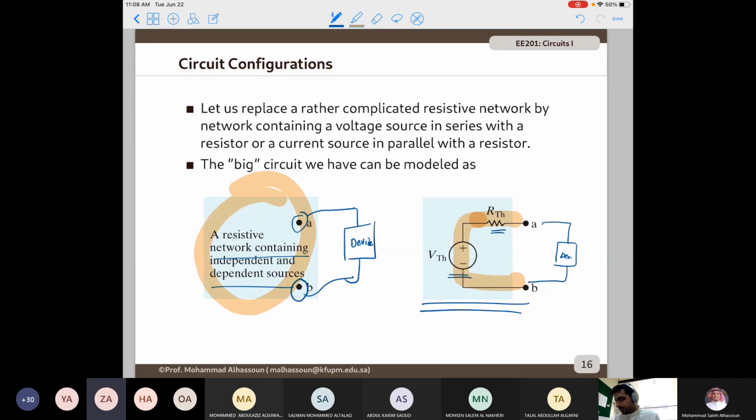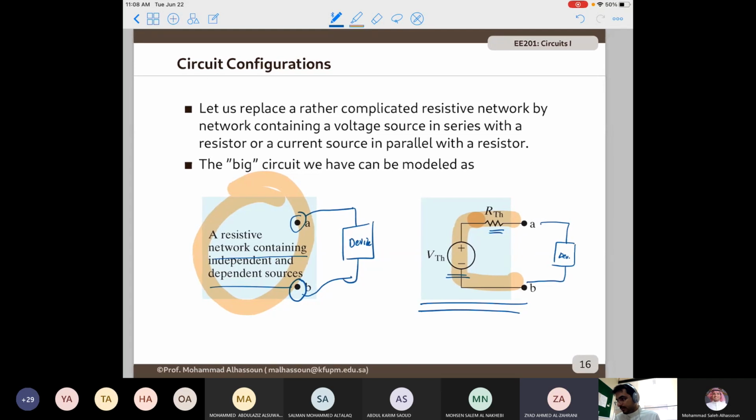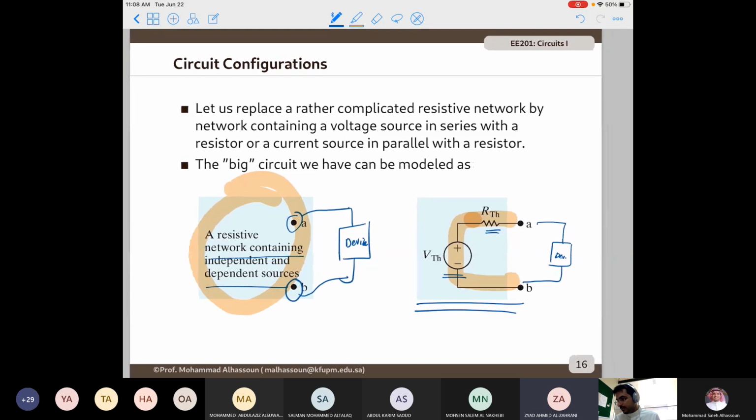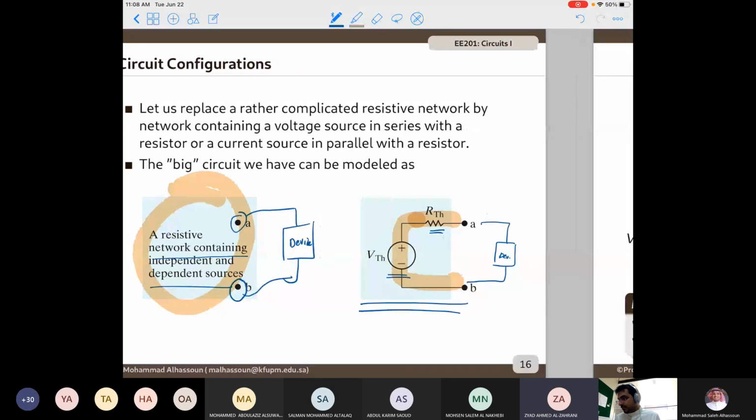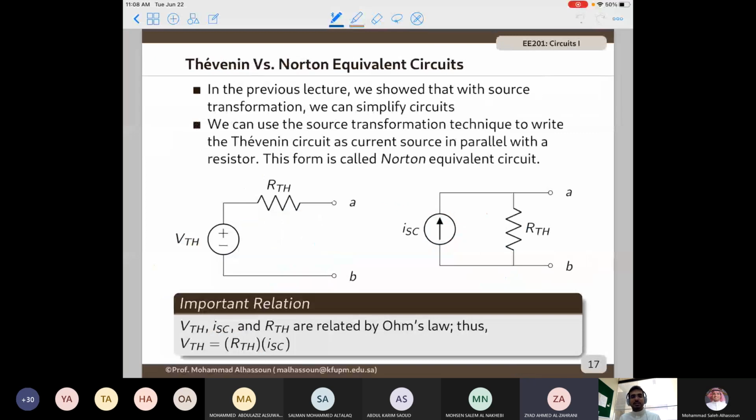Is it only this representation, and can it not be a current source with a resistor in parallel? Yes, because that's why we studied source transformation before, because we know that we can start from one and go to the other.